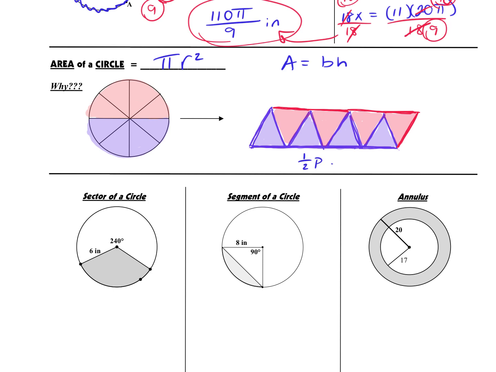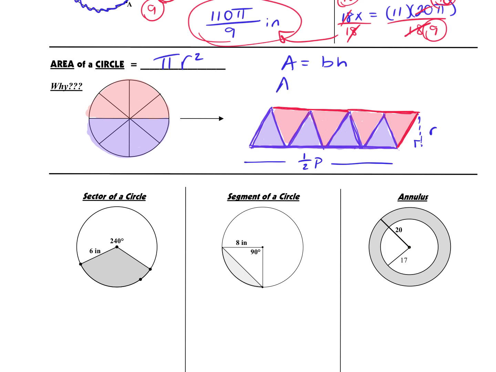So half my perimeter would be that side. And then the height of this parallelogram, well, the height is actually going to be the radius of the circle, because remember, we're imagining that we're just going from the center out to the circle, and this is effectively flat. So the height is going to be the radius.